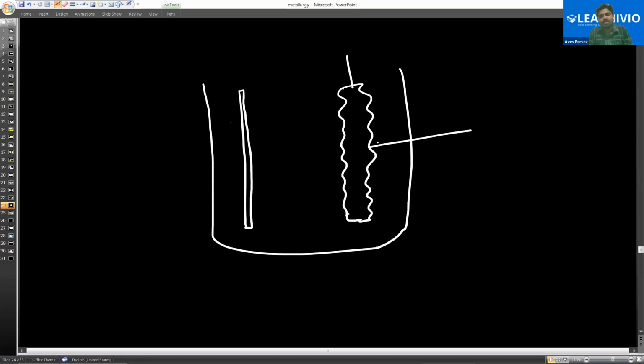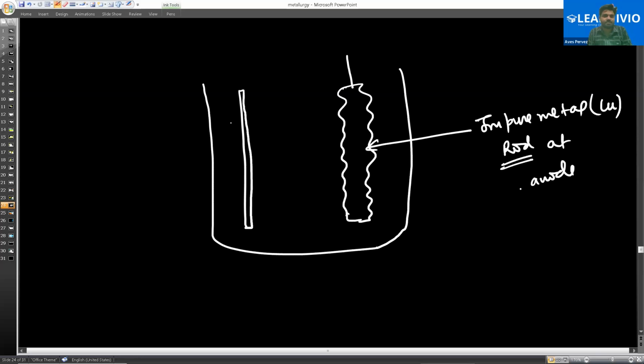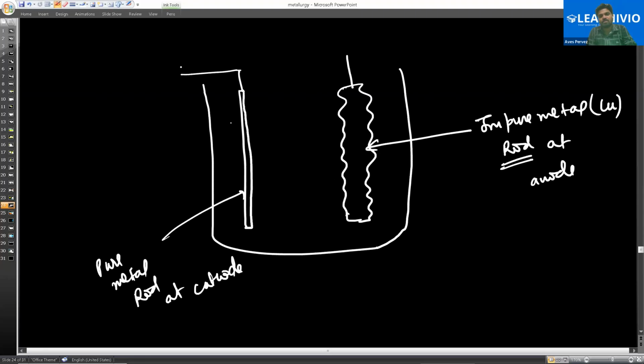So we will take an impure metal rod, especially of copper, because we are studying the example of copper, at the anode, and a pure metal rod at the cathode. The anode is positively charged and the cathode is negatively charged.